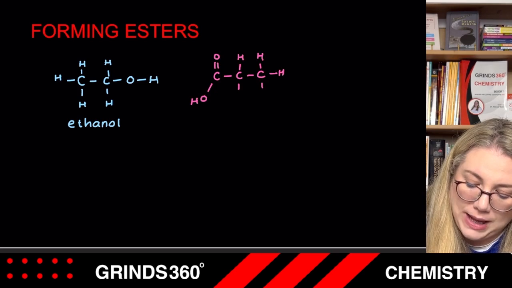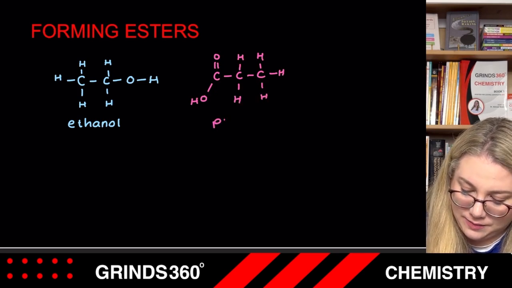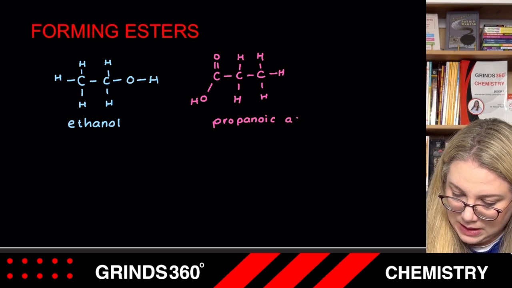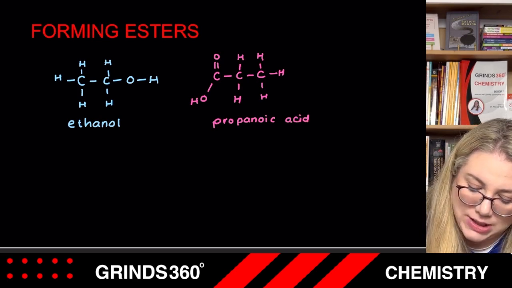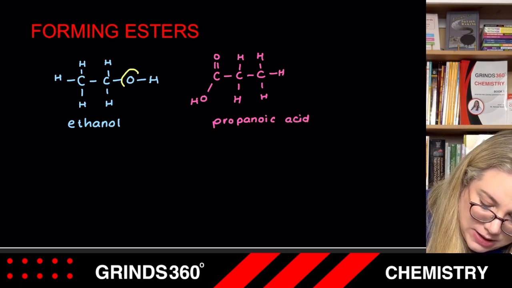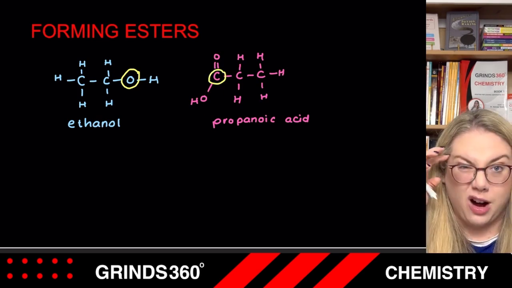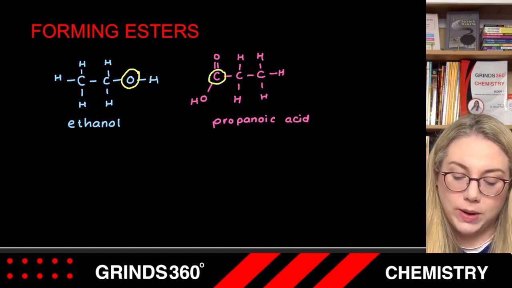This is propanoic acid. Okay, now what attaches to what? The oxygen from the alcohol, that forms a bond to the carbonyl carbon. So that's where the bond is going to form.